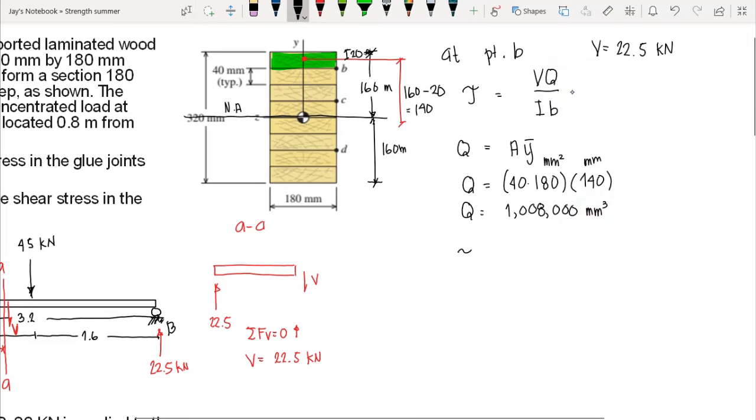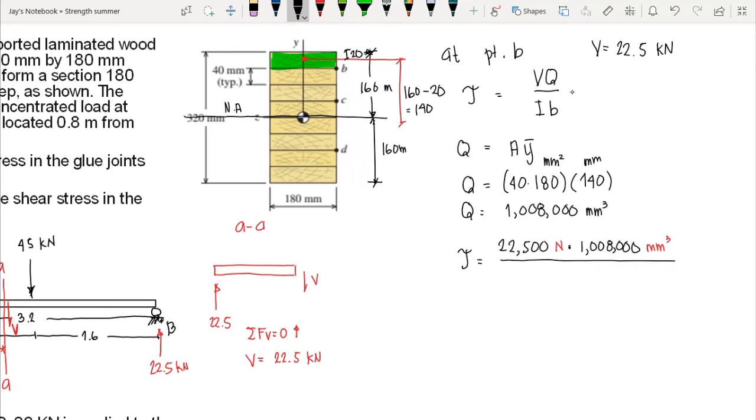Then we have the shear stress equal to our V, that is 22.5, or 22,500, so we convert it into Newton, times our Q, that is 1,008,000 millimeter cube, over our I here, that is the moment of inertia. Since this is a rectangular beam and symmetrical at both axes, then we have 1/12 BH cube, correct?